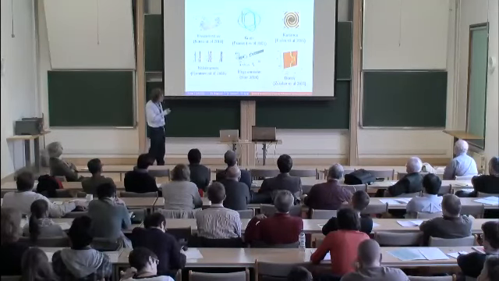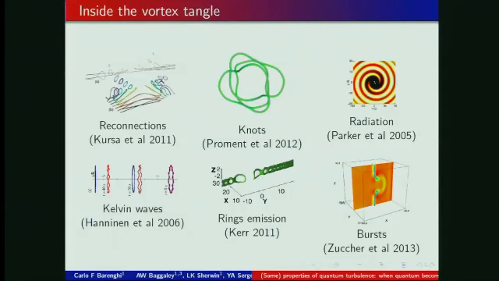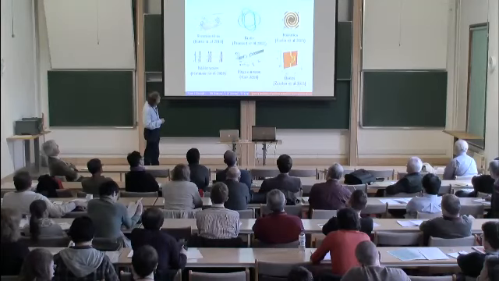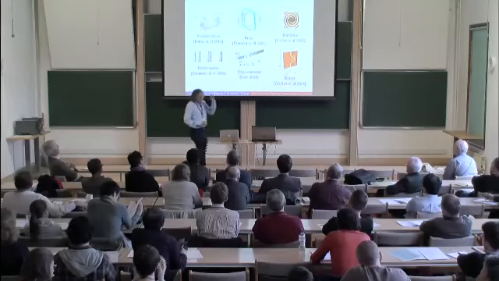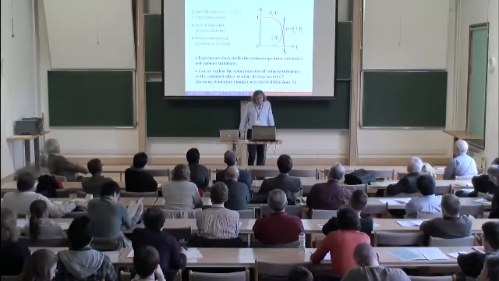Sound waves are also created by reconnection events. What you see here in blue are two antiparallel vortex lines which have just reconnected, moving away from each other, and you see this sound burst which is emitted in a special direction. So many things are going on.